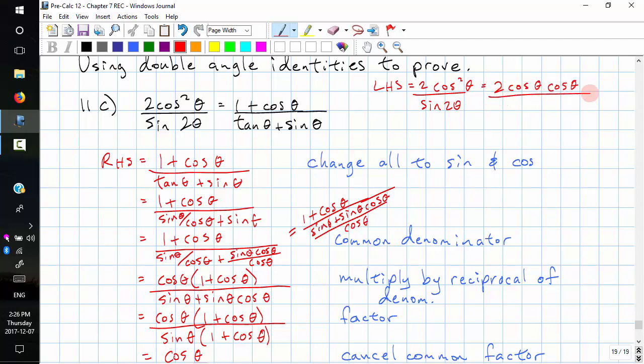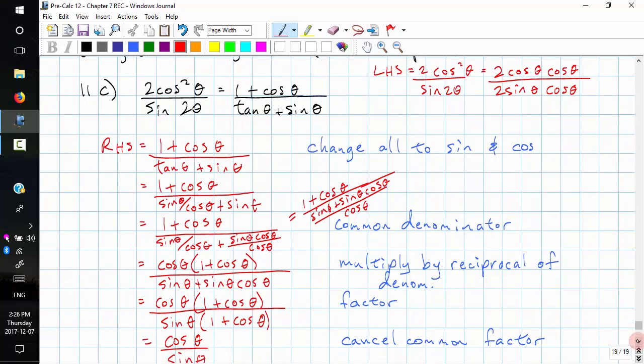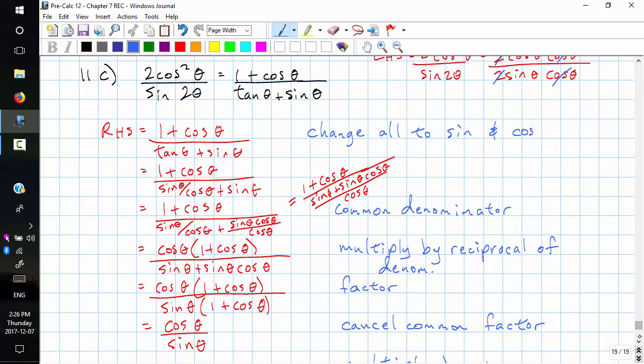I just want to break that out by itself. Makes it clear. 2 sine theta, cos theta. It makes it more obvious of what's going on. So we want cos theta over sine theta, which means we're going to cancel out a 2, and we're going to cancel out cos theta. Now we see what we need to do. We reverse engineer it.